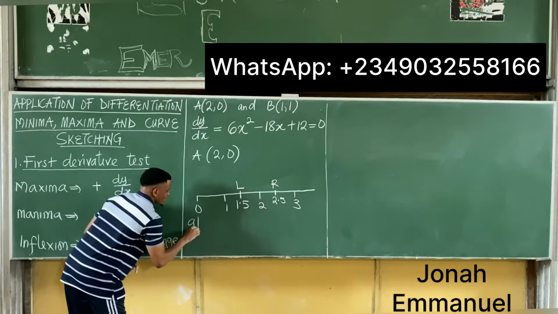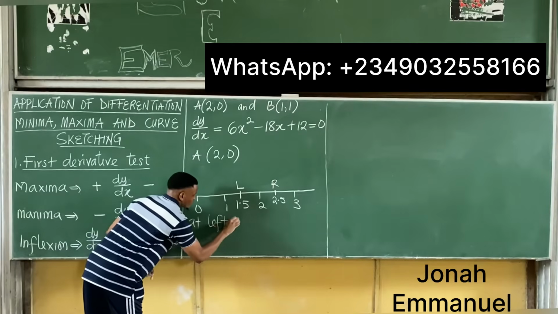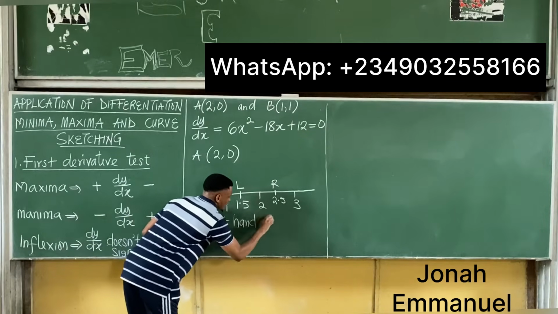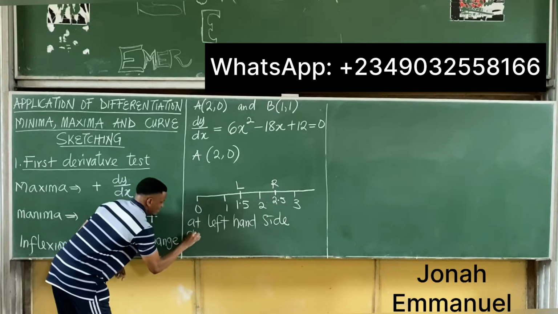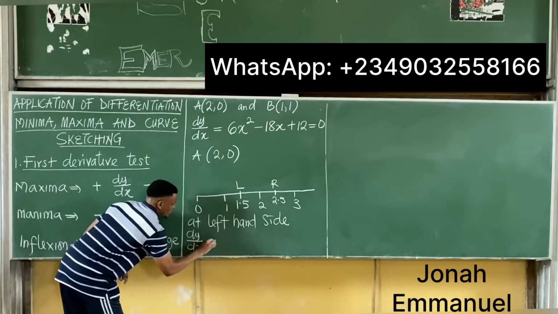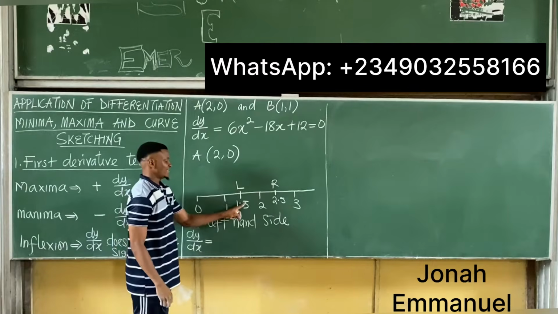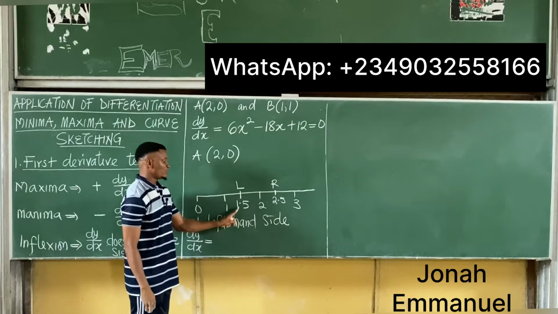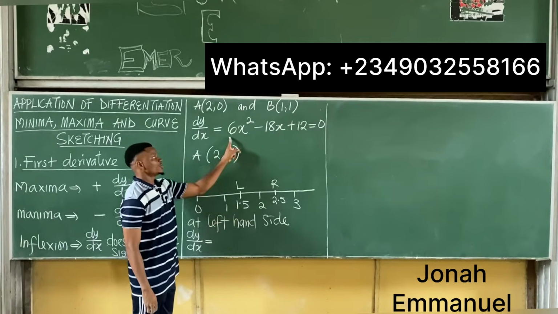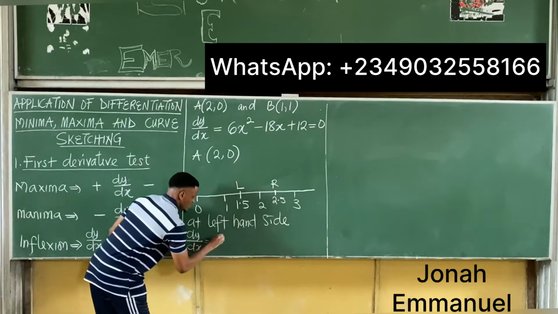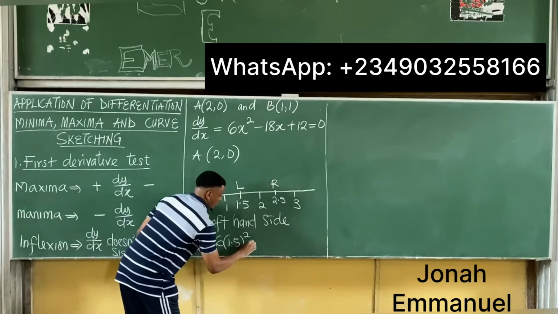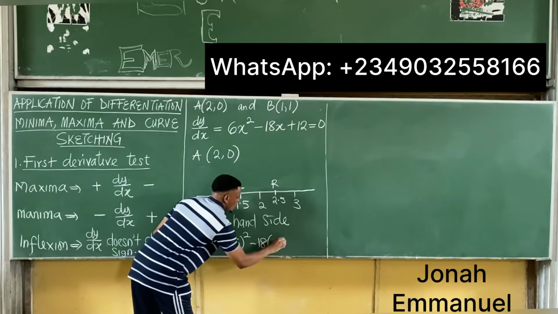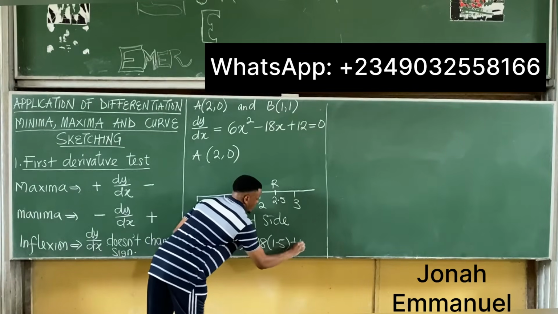So at the left hand side, dy over dx is equal to, for this one, left hand side is 1.5. So I'll put 1.5 as x into this equation. It becomes 6 into 1.5 squared minus 18 into 1.5 plus 12.